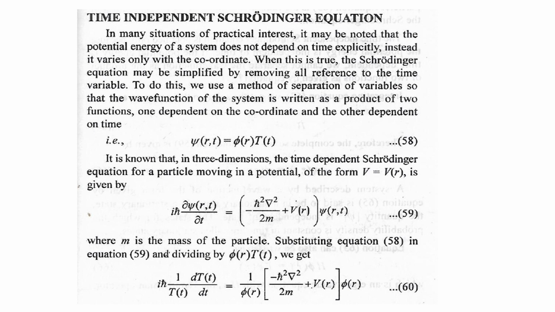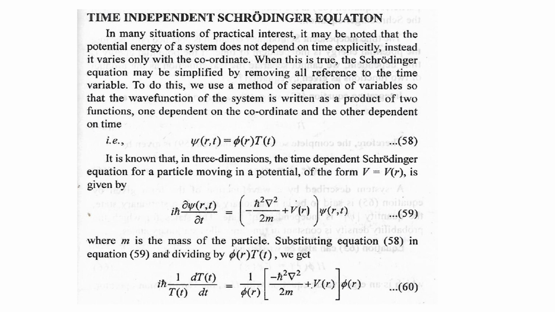But in the above equation, we wrote the wave function in two parts, one depending on the position coordinate and the other depending on the time coordinate. So here we are going to discuss the time independent Schrodinger equation.